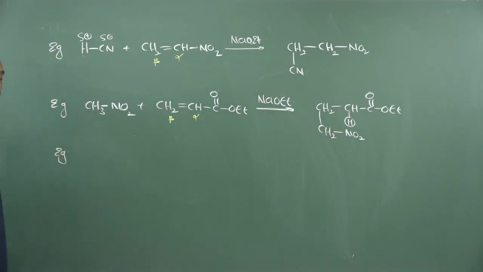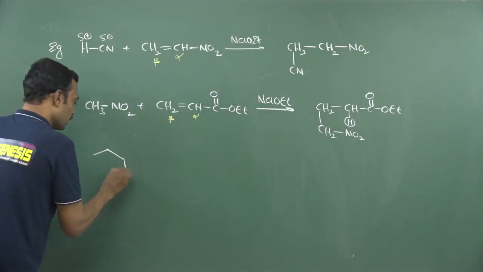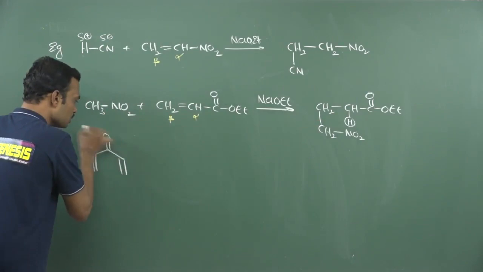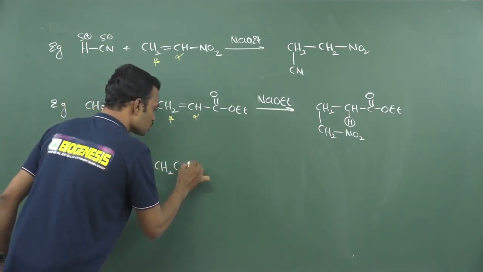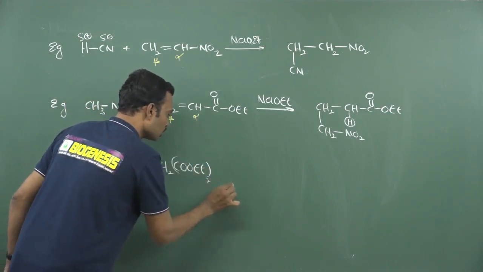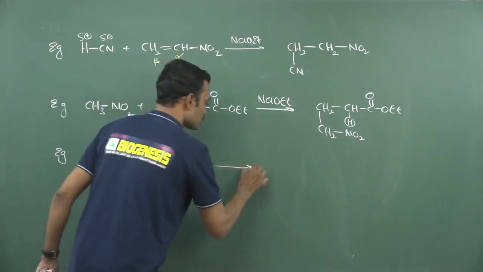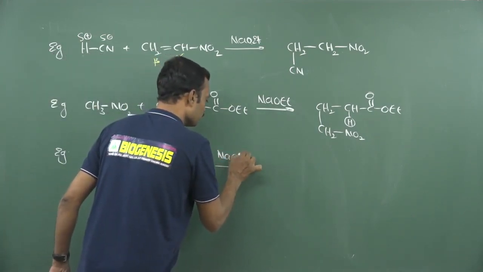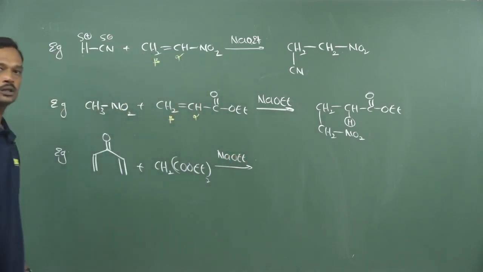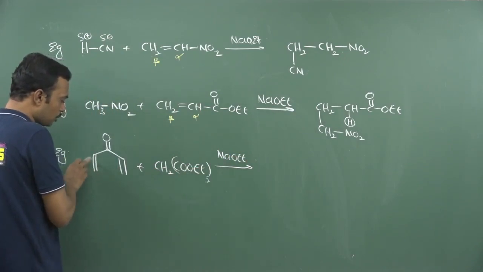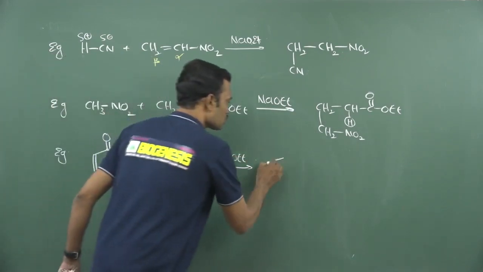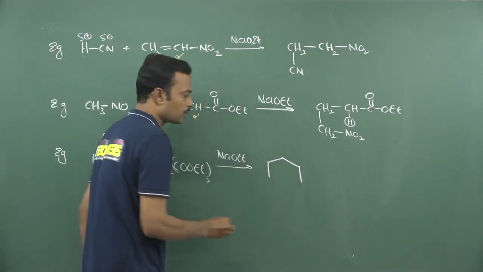So you can also go through a double Michael addition. See, this is a molecule. Now I am using CH2COOEt taken 2 times. Next, this is on treatment with NaOEt. Can you guess the answer? Now this base will remove a proton here and that will attack here. By removing this double bond, you should write this part over here. So now 2 double bonds are present, 2 conjugate partners are present.